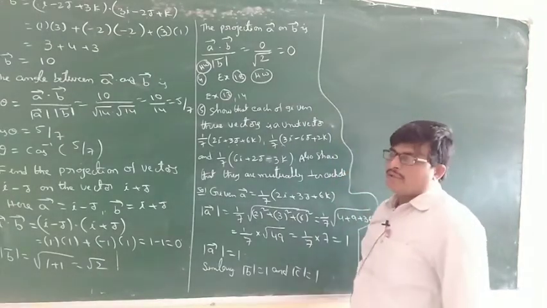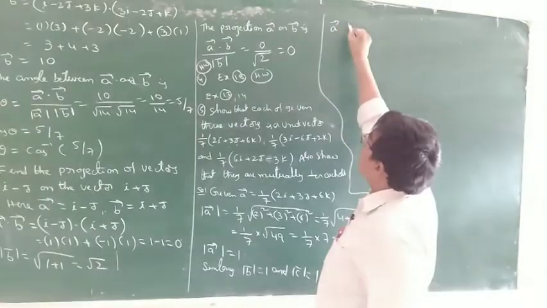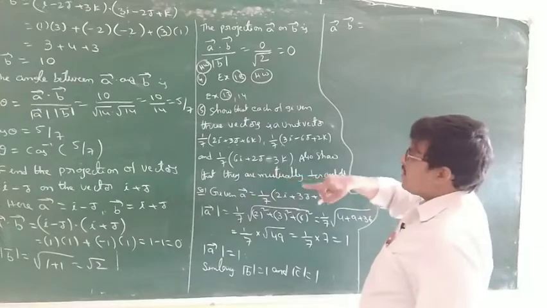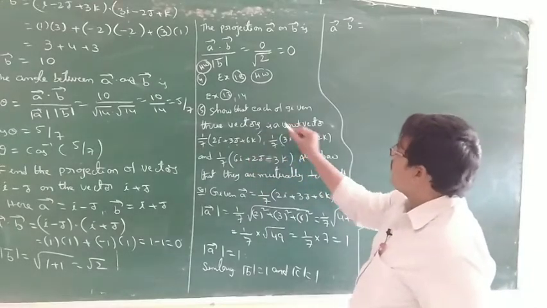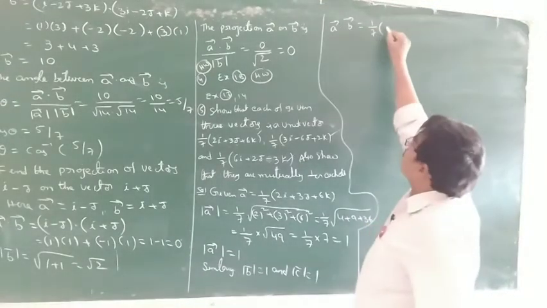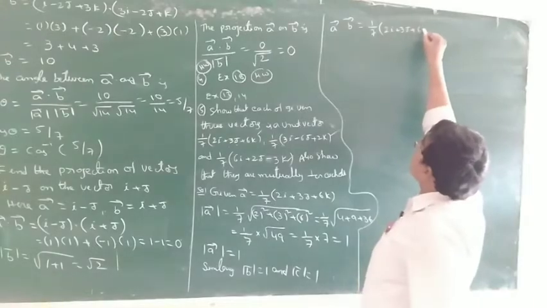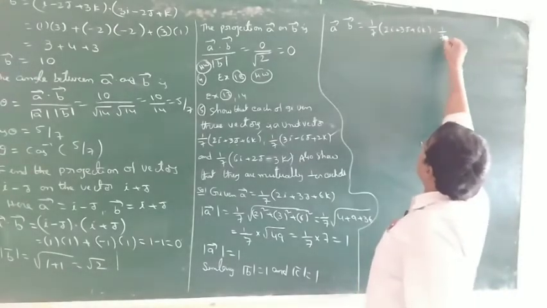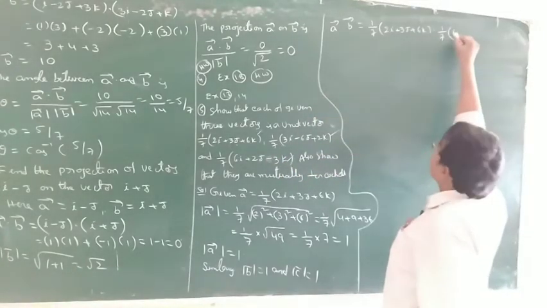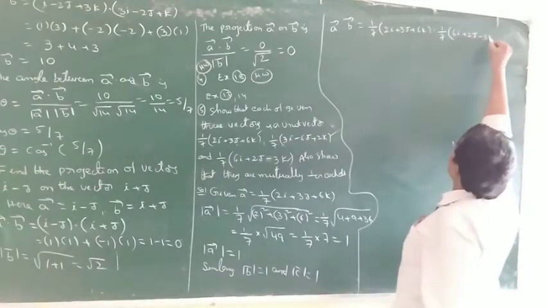Mutually perpendicular to each other means a bar dot b bar is equal to 0, which we will prove. So what is a bar? This is a bar, this is b bar, this is c bar. So a bar is 1 by 7 into 2i plus 3j plus 6k, and b bar is 1 by 7 into 6i plus 2j minus 3k.